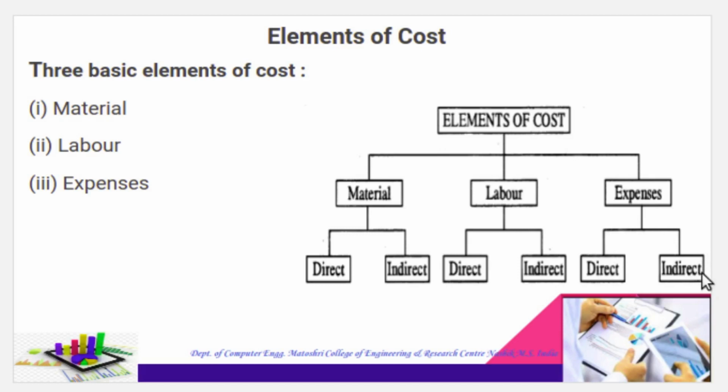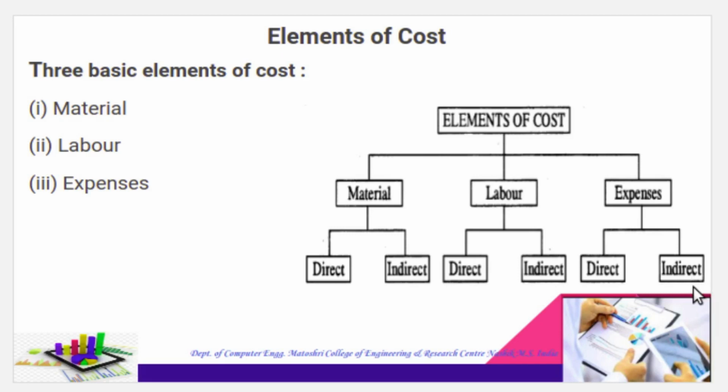There are indirect expenses also. Indirect expenses are those expenses which cannot be wholly or directly identified with a specific product or job. These expenses include factory expenses, office expenses, and selling expenses.